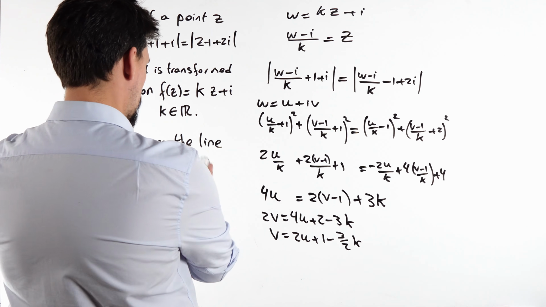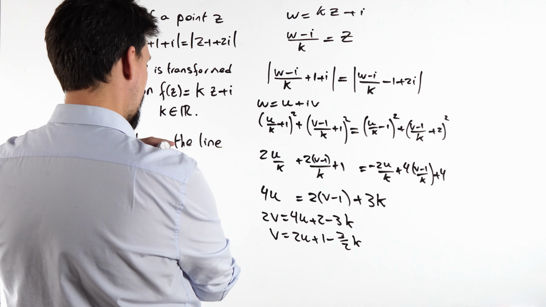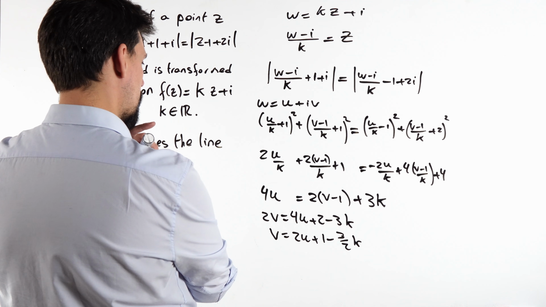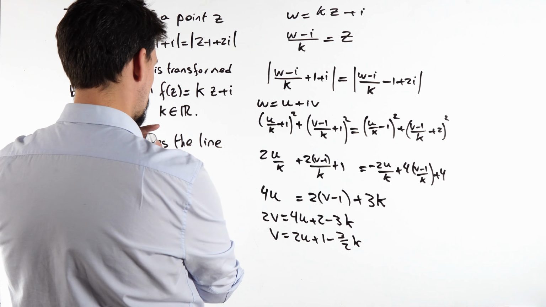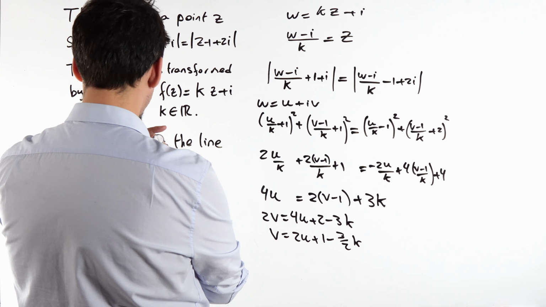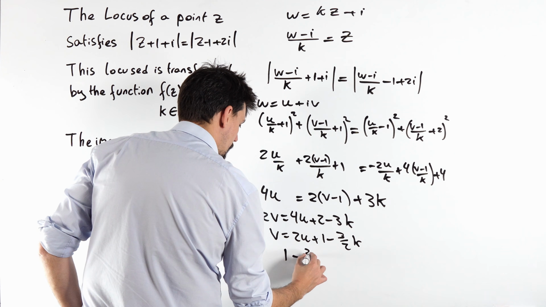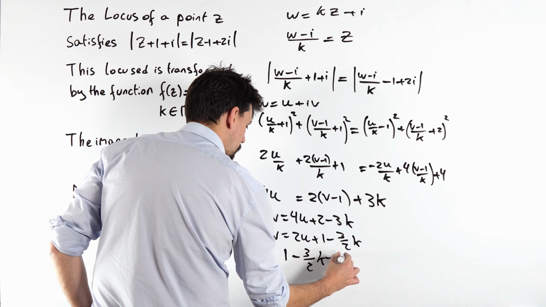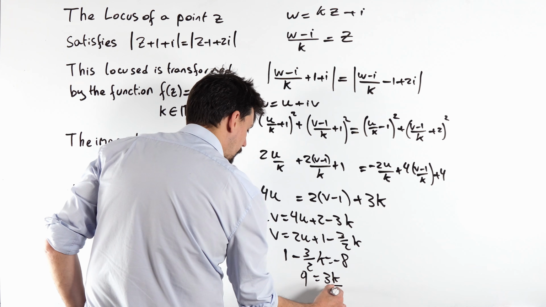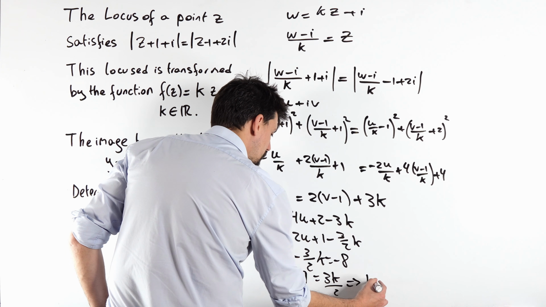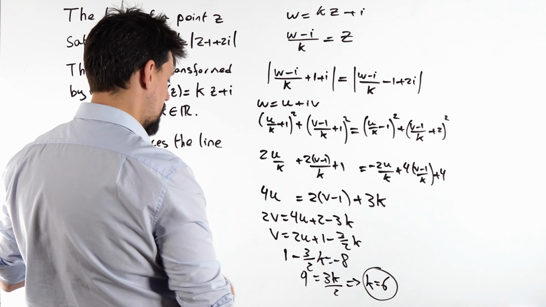I got my minuses wrong here. Have I? That sounded very whiny. Oh, minus 8 has got to equal minus 8. That's what didn't ring a bell. So I get 9 is 3k over 2, which tells me that k is equal to 6.